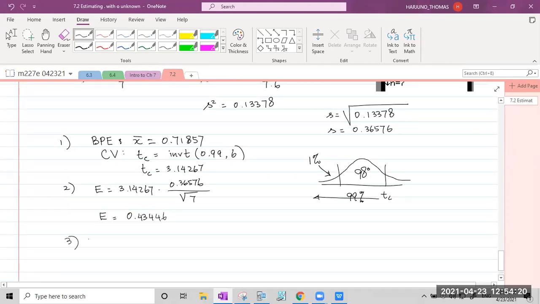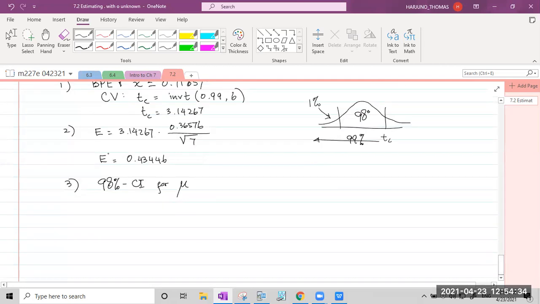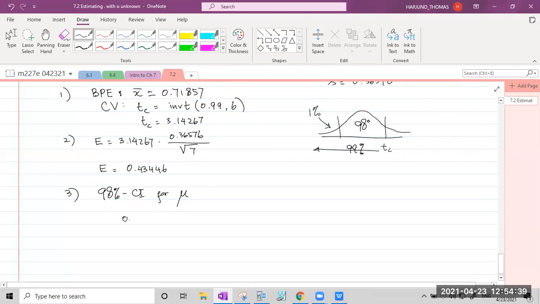0.43446. So the 98% confidence interval for mu will be, best point estimate was what? 0.71857 minus 0.43446 less than mu less than 0.71857 plus 0.43446.